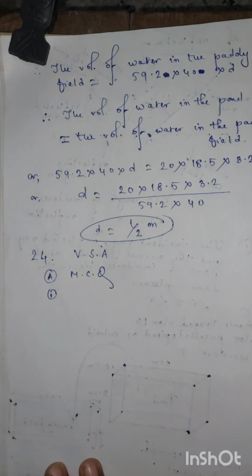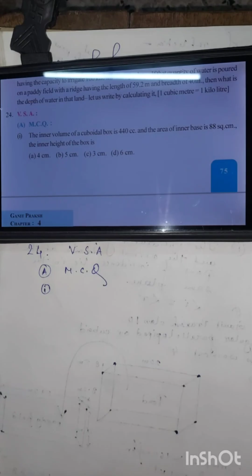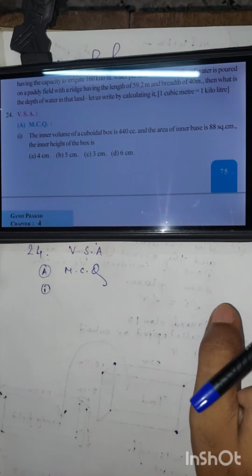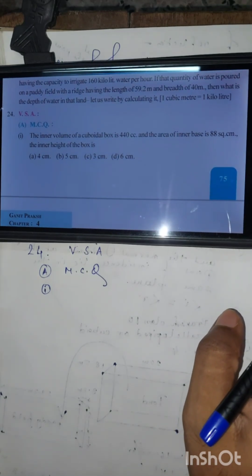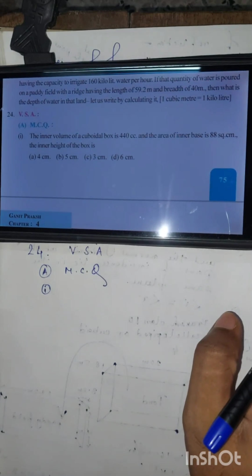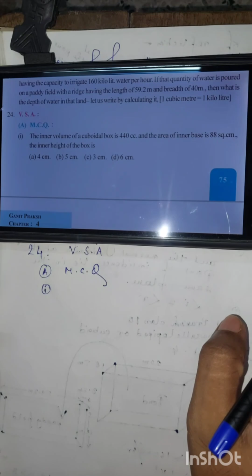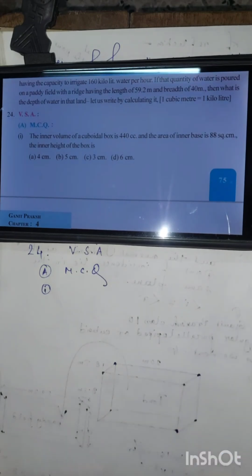It says the inner volume of a cuboidal box is 440 cc and the area of inner base is 88 square centimeter. So the inner height of the box.